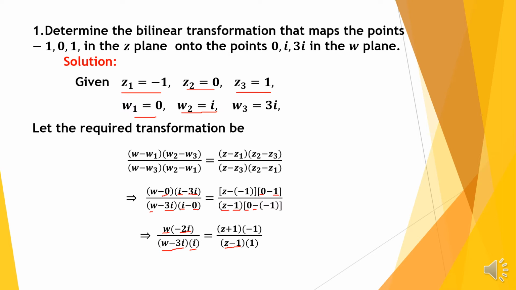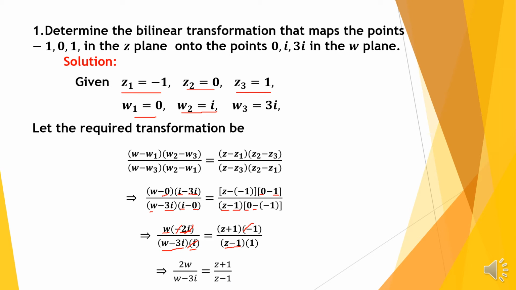Now here in the left hand side contains a minus sign and in the right hand side having a minus sign, so we can cancel it, and in the left hand side the numerator having i and also in the denominator having i, so we can cancel it. So now simplify.